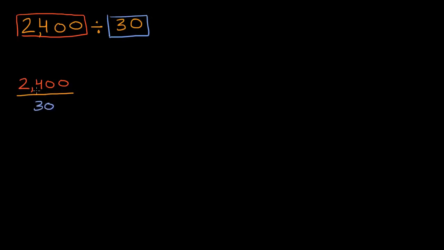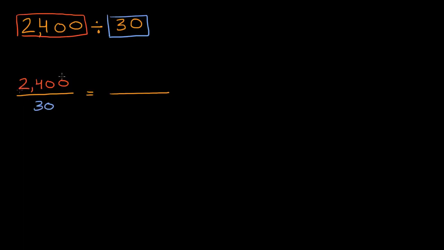This is just another way of saying 2,400 divided by 30. The reason I wrote it this way is because you can now write the numerator and the denominator as the product of some number and either 10 or 100 or 1,000.